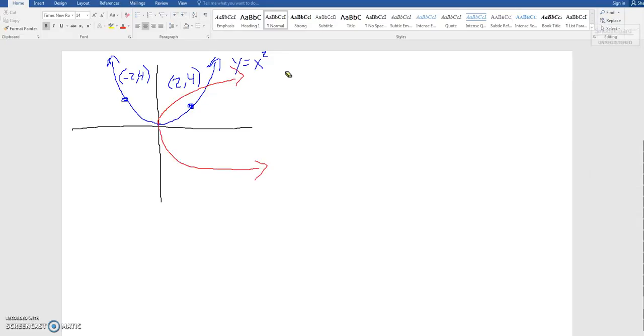Again, my picture is not to scale at all, but I would have the coordinates (4, 2). And if I reverse these xy coordinates, I would also have (4, -2).